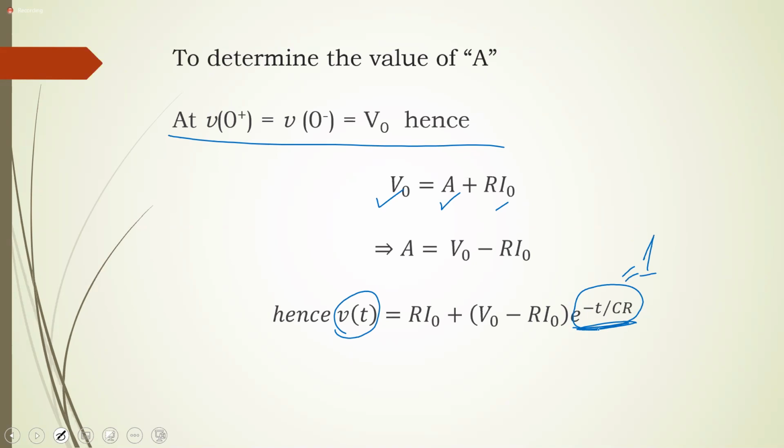Ri0 plus V0 minus Ri0, which is equal to V0. So at the point I close the switch, because what we are interested in is the voltage across the capacitor, which is t equals 0, the voltage on the capacitor remains V0, and we know that that is true. So we're good, no?